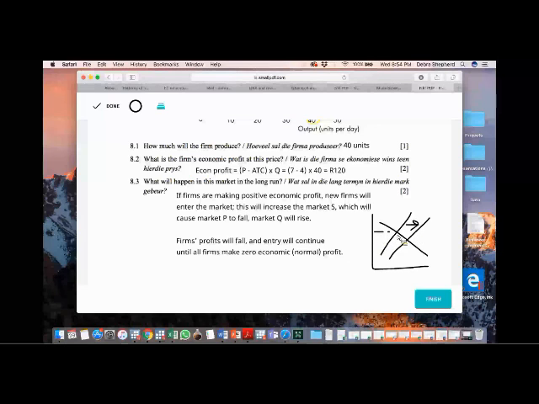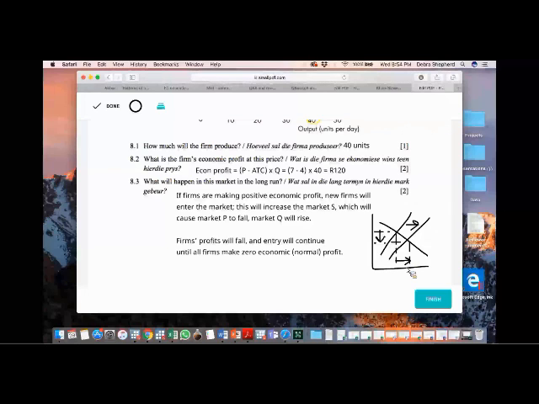Okay, so we can see that a higher supply of sellers in this market will cause the market price to fall. And if the market price falls, and because there are now more sellers in this market, the quantity sold by the market goes up.